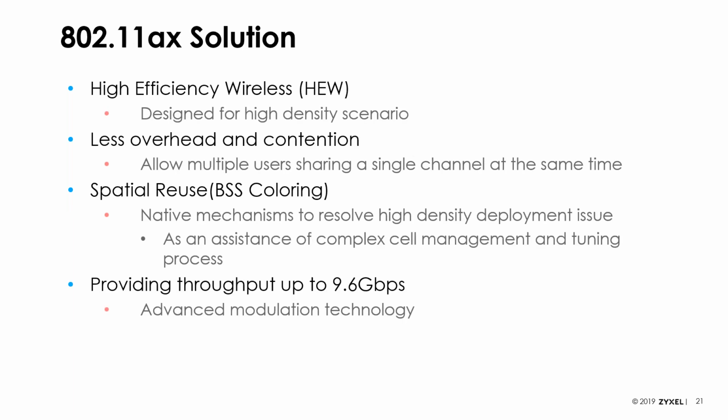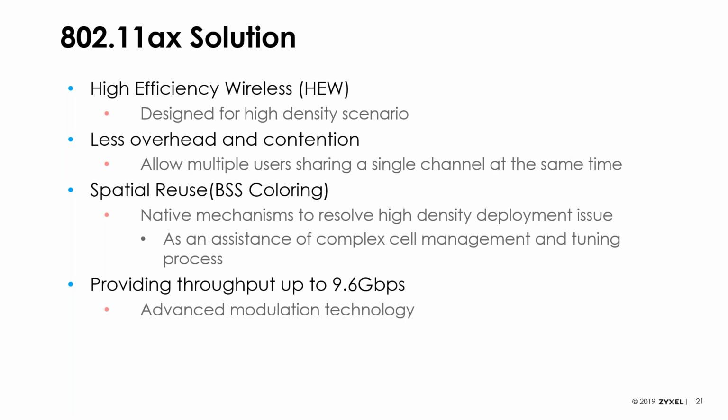Okay, and AX, also known as high efficiency wireless, is designed for these types of scenarios, with less overhead and less congestion, so multiple users can share the same channel at the same time and talk with the AP at the same time. It also introduces something called spatial reuse, otherwise known as BSS coloring, which is a native mechanism for high-density deployment scenarios.